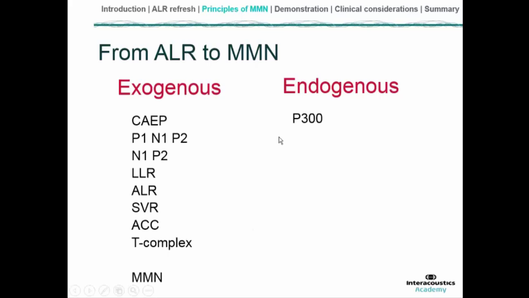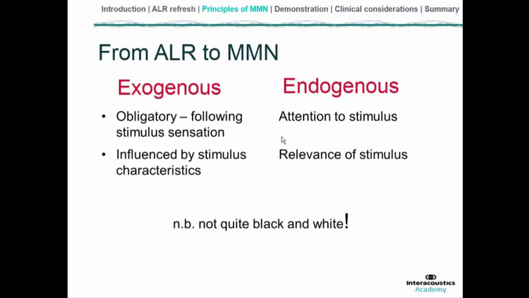On the other hand, for endogenous, I've got an example here, the P300. This is a potential governed primarily not by the physical characteristics of the sound, but by the relevance and meaning of those sounds. It's not a completely black and white distinction between the two. There is a degree of attention, or at least passive attention, required to generate an exogenous potential from the cortex, and on the endogenous side, the relevance or attention towards a stimulus will be governed, at least to some extent, by the physical characteristics of the sound.